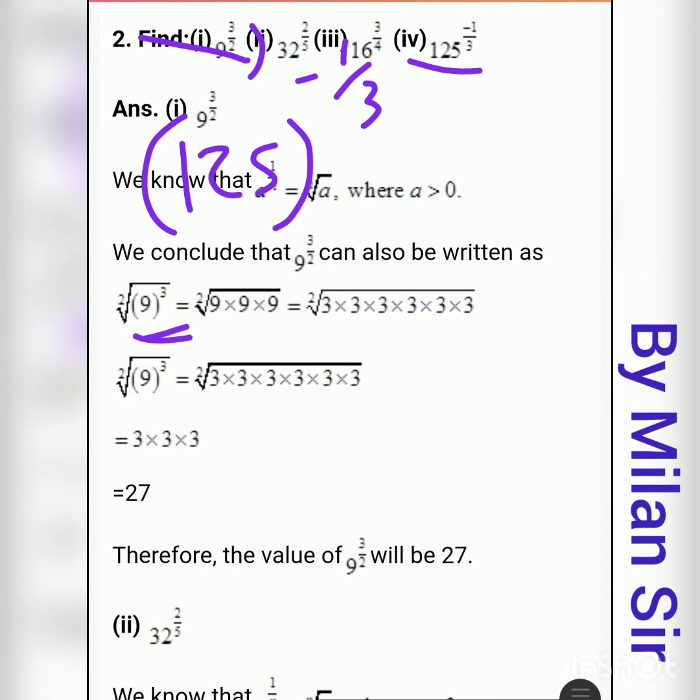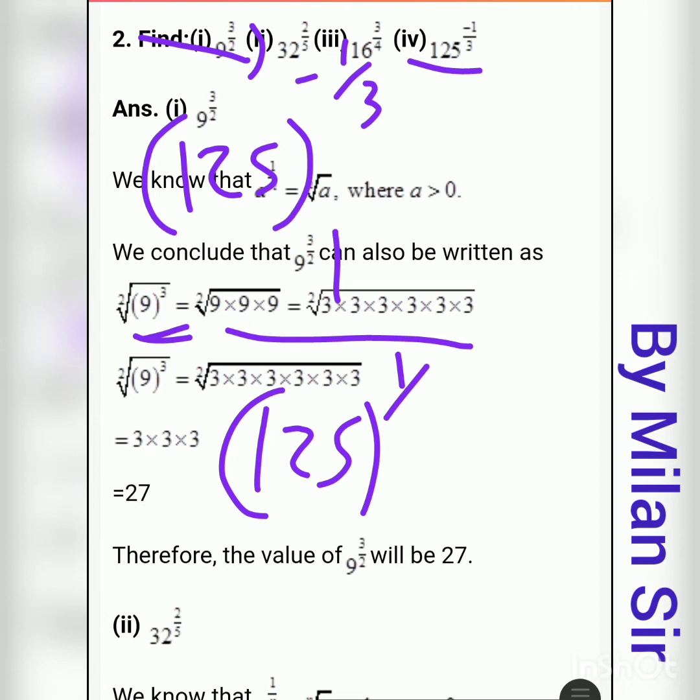That means here we have 125 raised to minus 1 by 3. So we need to take the inverse. So 1 upon 125 raised to 1 by 3. If we write this numerator in the denominator, then the sign of the exponent needs to change. So this negative exponent is converted into a positive exponent.